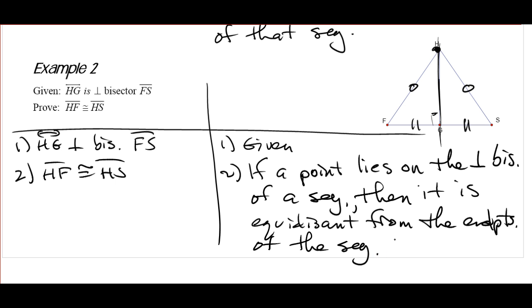Okay, and remember, equidistant from the endpoints means we have congruent segments, which we have over here.